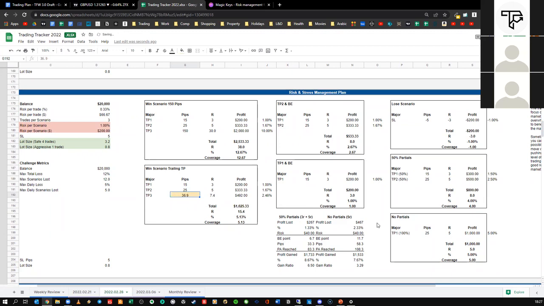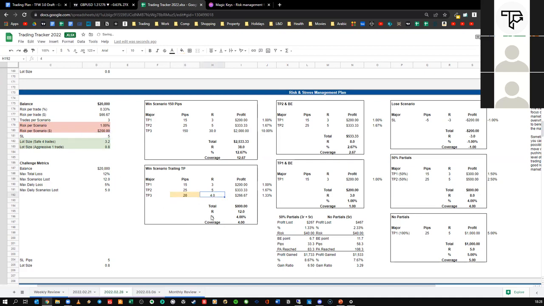Okay, 4. Yeah. So in this case, in order to get $800, if I was to partial at 3R and then close my trade at 5R, in order for this to work out and match the same profit, I would have had to have a TP of 4 in this case, which is 20 pips because it's 5 SL.